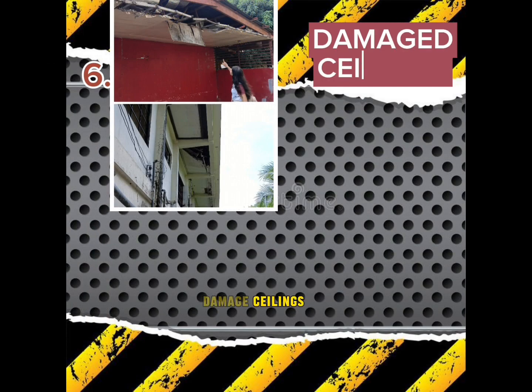Sixth, damaged ceilings. Damaged ceilings are commonly the cause of water leaks, heavy rain, and more. The effects of damaged ceilings are hazardous and can even be a serious threat for your health, as it may cause carbon monoxide poisoning, electrocution, and may even start fires.